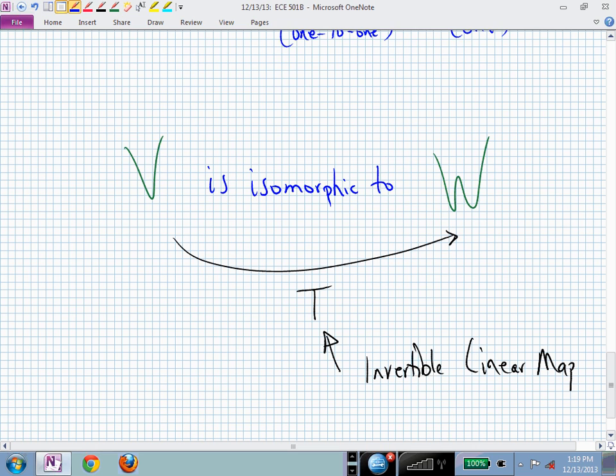They're isomorphic. That's a way of viewing that. So these vector spaces are isomorphic, which means that we now have a way to go from V to W and also a way back through the inverse map to go from W to V. Or V and W are isomorphic vector spaces.